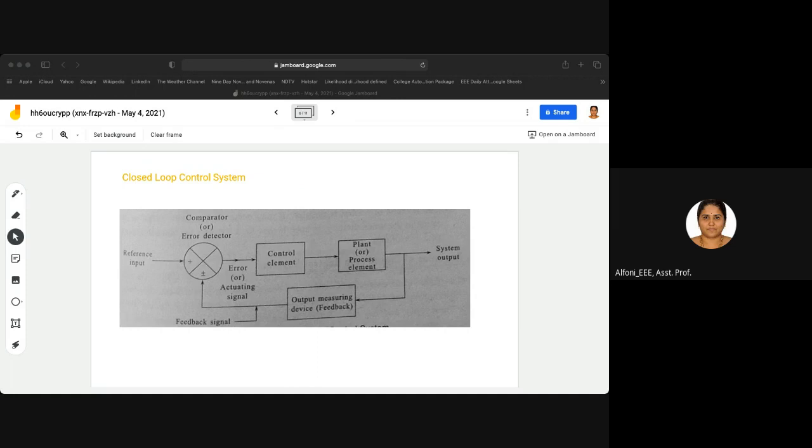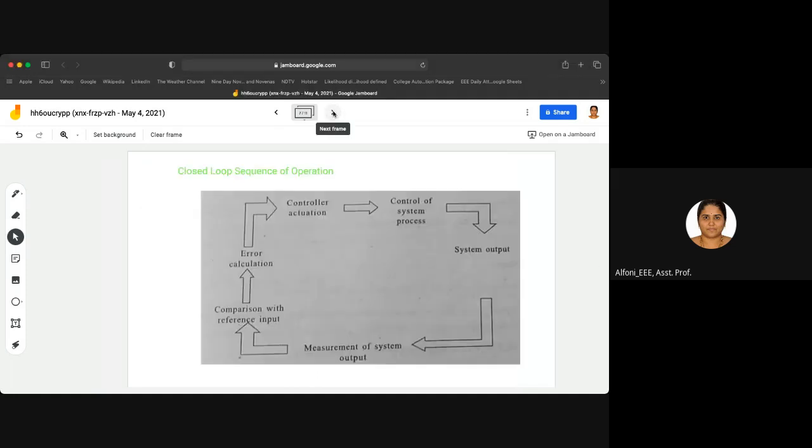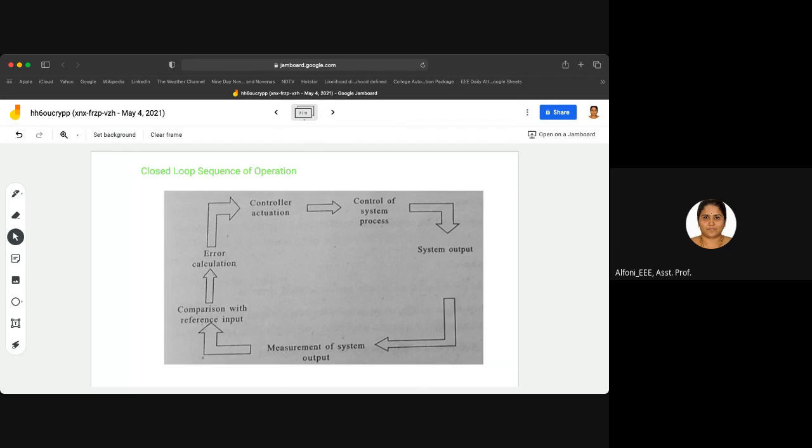Now let's see the sequence of operation of a closed loop control system. Here you can observe the closed loop sequence of operations in a system, where a measurement of output is compared with the reference input and calculation of error takes place.